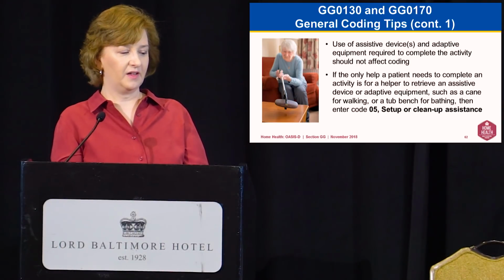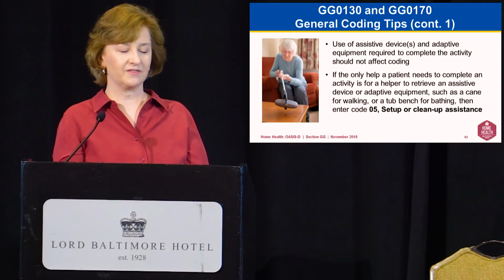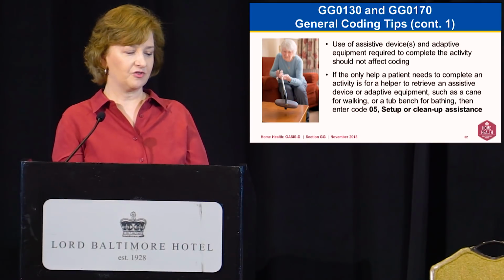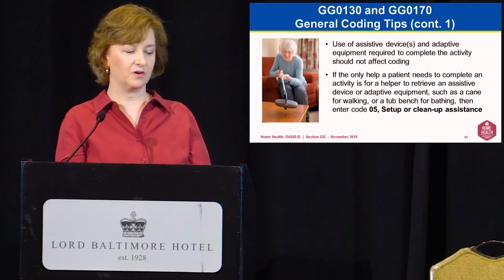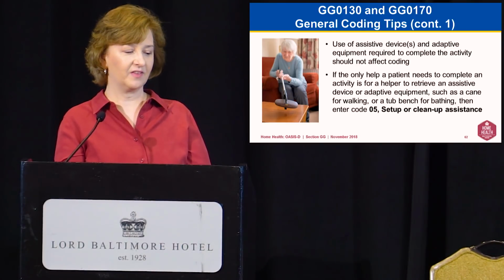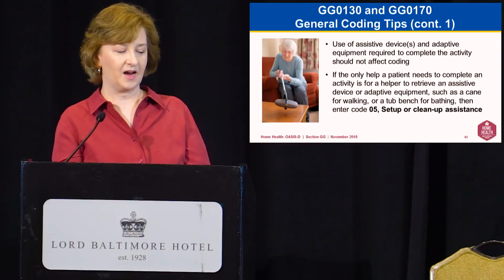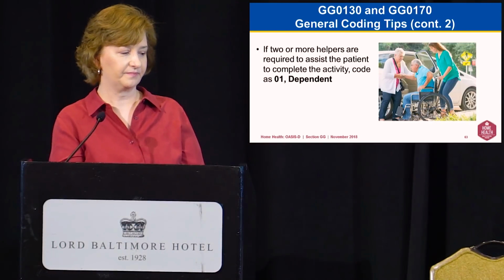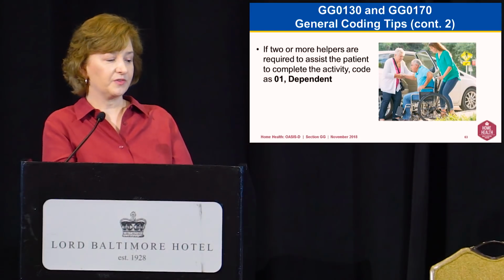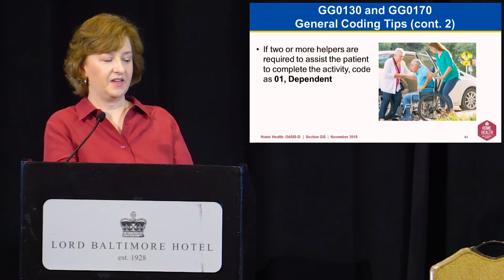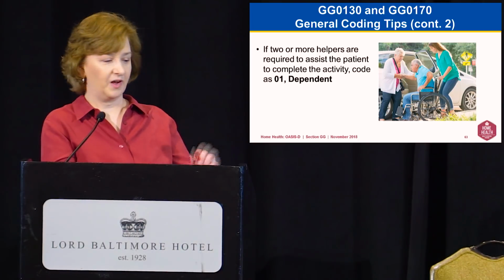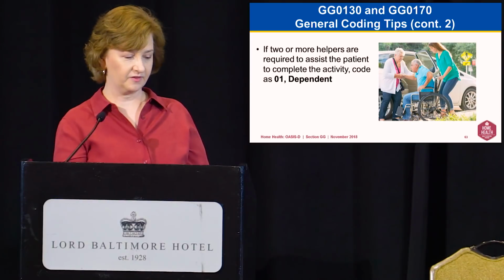If the only help a patient needs to complete an activity is to retrieve an assistive device, such as a cane for walking or a tub bench for bathing that they need, that would be setup or cleanup assistance. If 2 or more helpers are needed to complete the activity, code dependent. So I mentioned that in relation to the decision tree earlier.